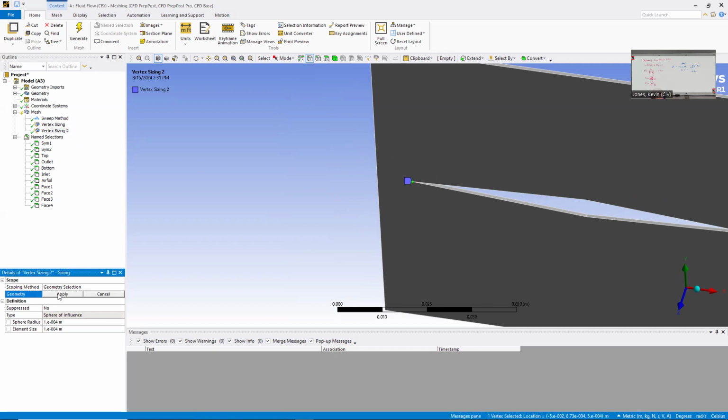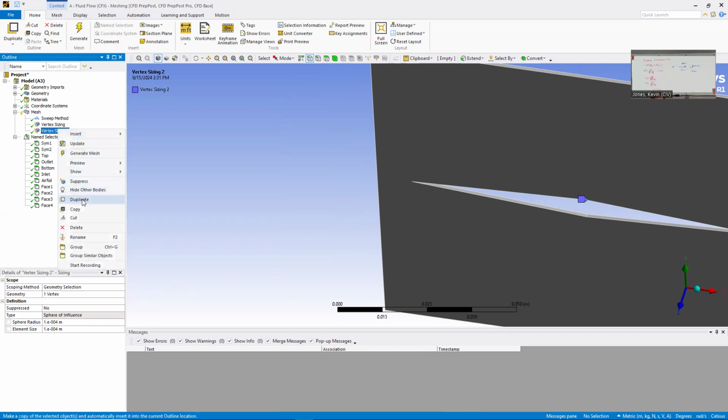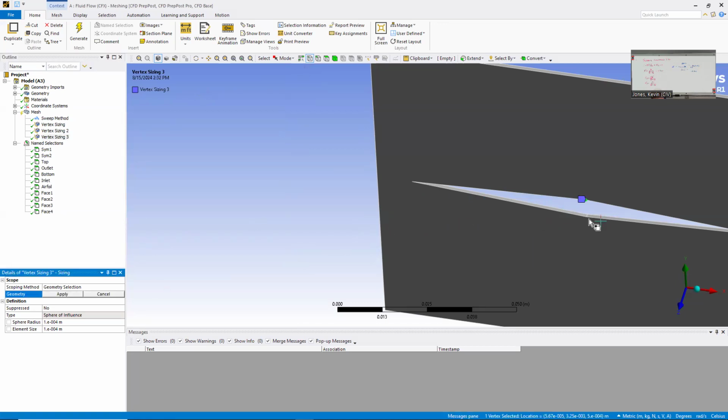So in there, all we have to really do is select this one. Duplicate again. Saves a little bit of time. Unfortunately, each one of them, we're copying the sizes, but if you want to just change the sizes all over, you have to go in and edit each one of these.